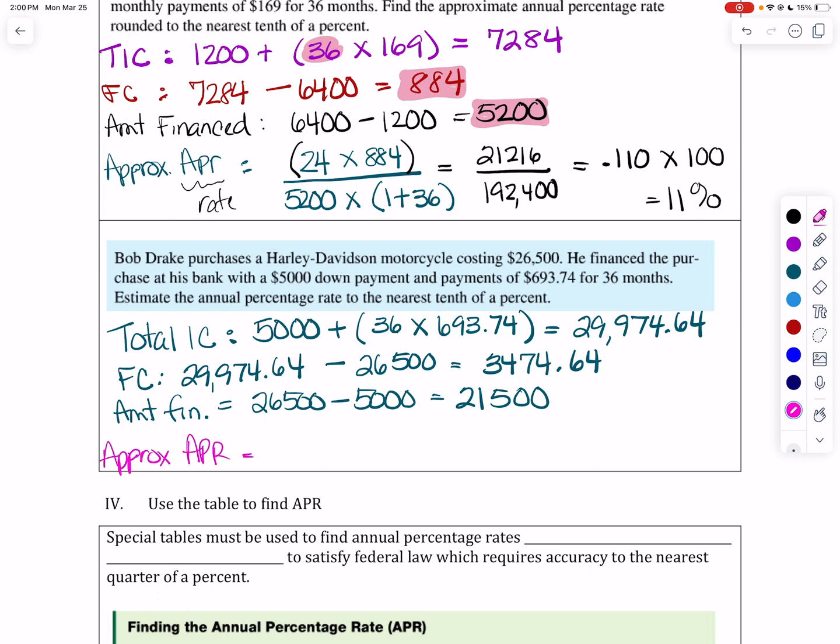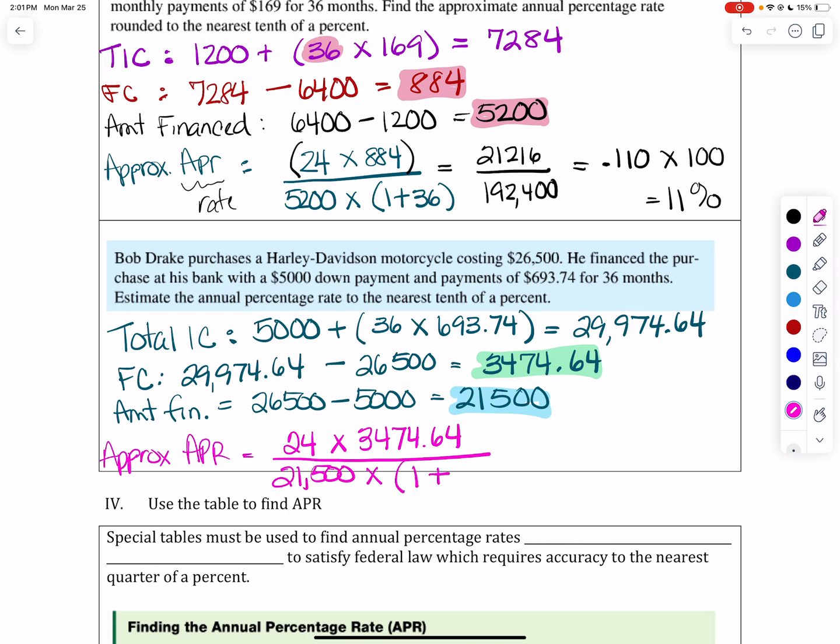So now we can do the approximate APR. 24 times, and if you want to highlight, you need this number, $3,474.64, divided by, and then we need this number, times 1 plus, and then we need this number, 36.